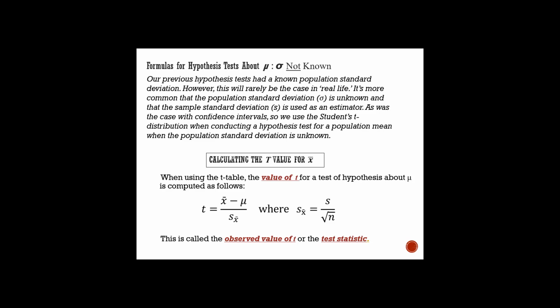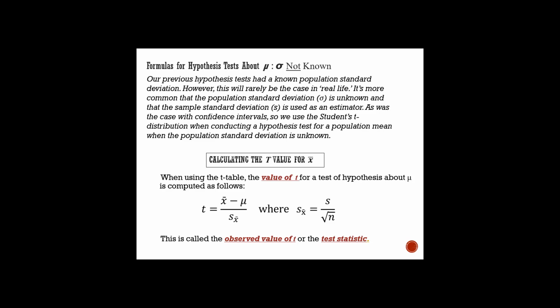Now, we call the standard deviation of the sample S, just like we did with confidence intervals. And in the case with confidence intervals, we use the t-table, the student's t-distribution. We're going to do that again when we're conducting hypothesis tests, okay? So once again, I'm just going to put these formulas down for you. How do you calculate the test value, the observed value of t?